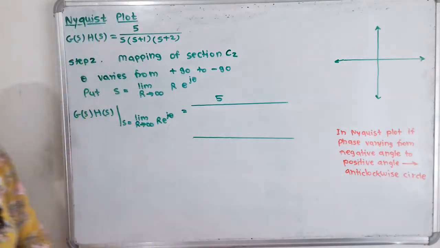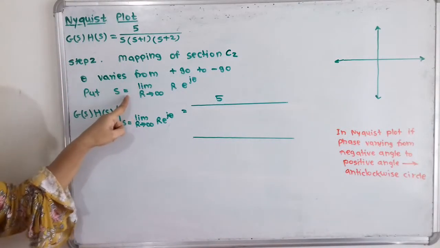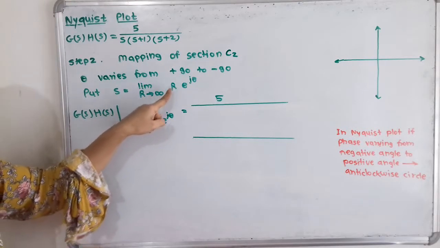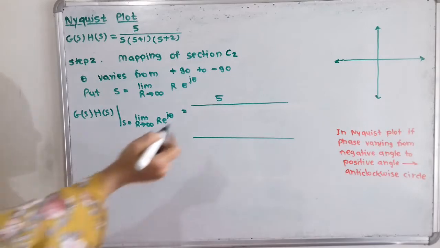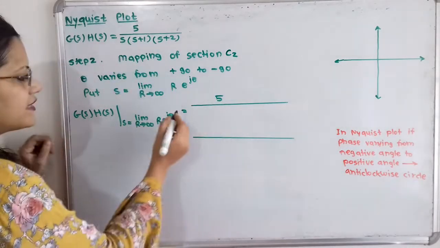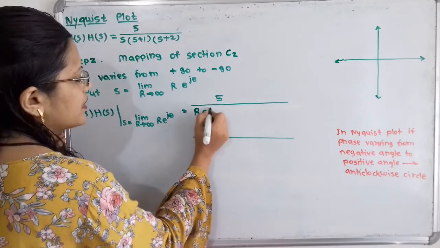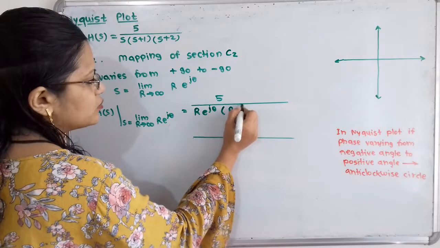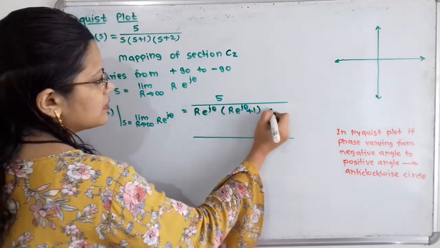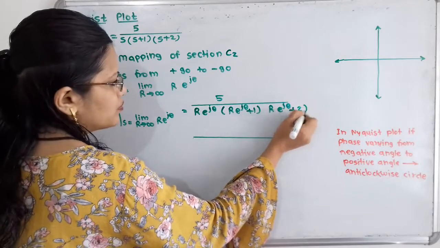So in this given transfer function, if we put s is equal to limit r tends to infinity r e raised to j theta, then how we can write this? That is phi divided by r e raised to j theta, then in the second bracket r e raised to j theta plus 1, then again r e raised to j theta plus 2, bracket complete.